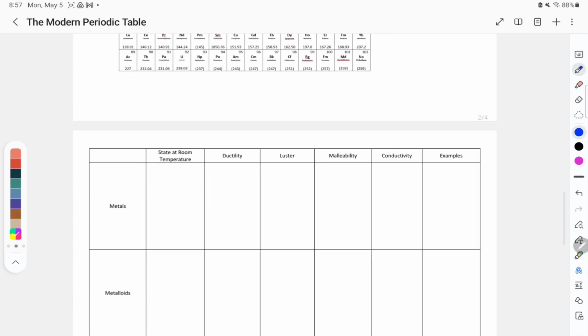So when we look at our different types, our metals are all solids at room temperature. They're all ductile; they can be drawn into a wire. They're shiny, so we say they have luster. They can be hammered into shapes, so they're malleable.